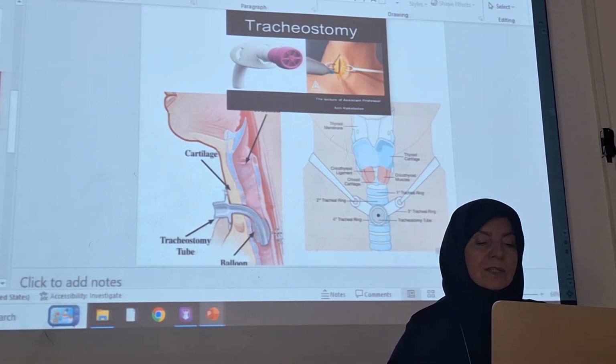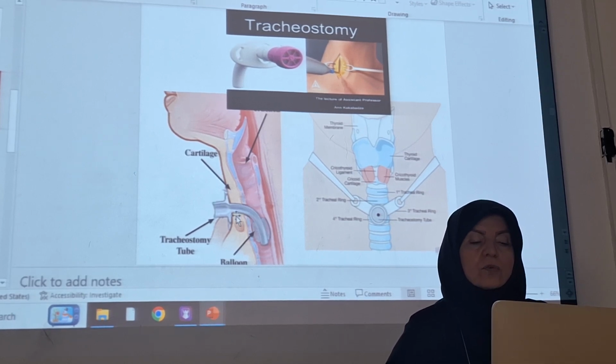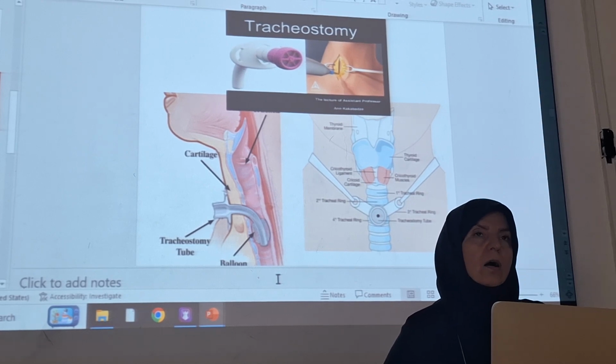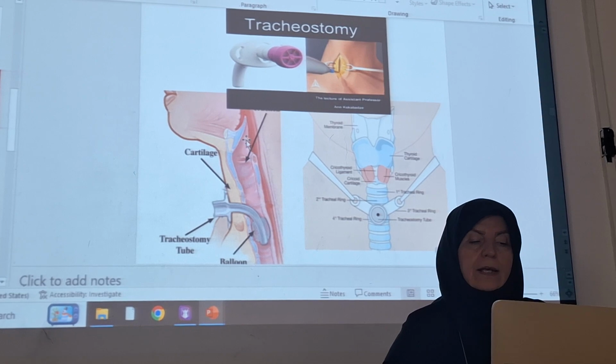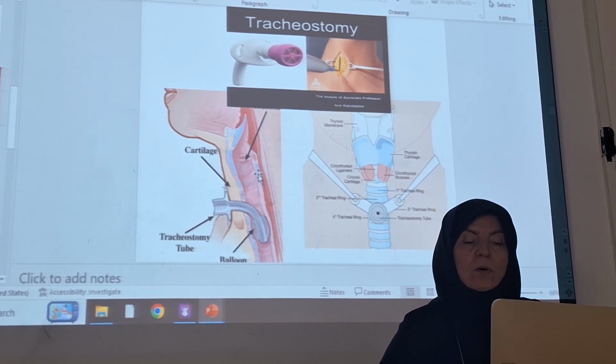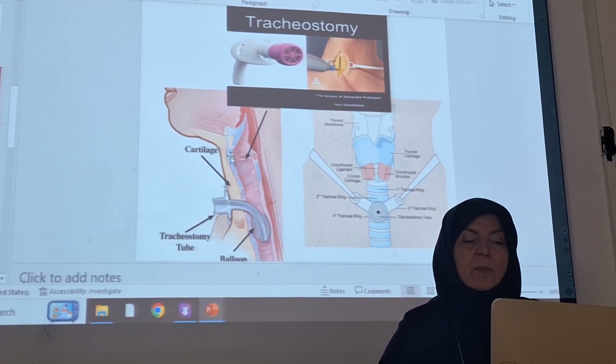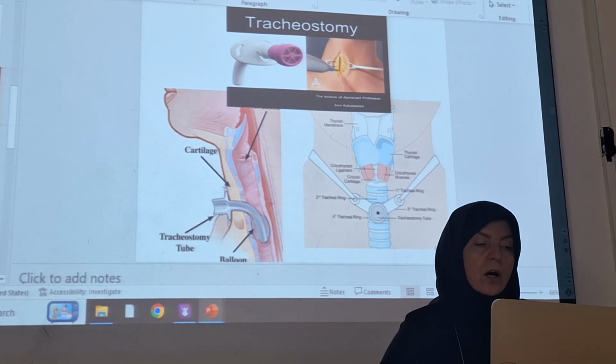For example, here you do the tracheotomy to be able to pass a tube through the trachea. The trachea is inferior to the larynx. Larynx is visible in the proximal part of the trachea.